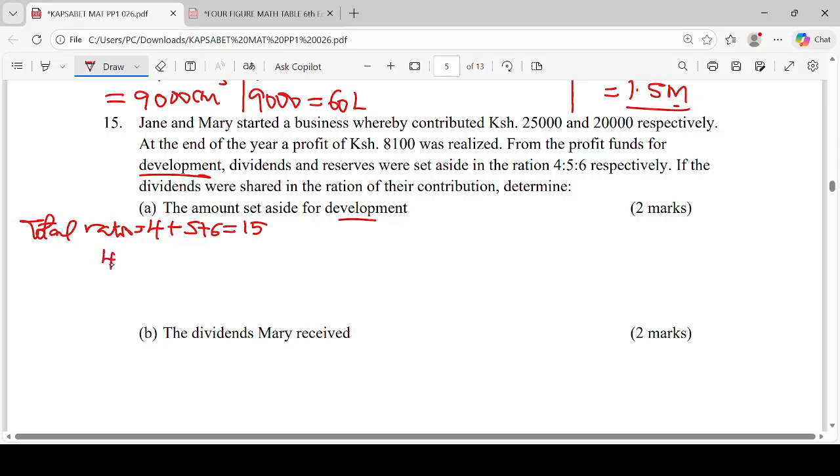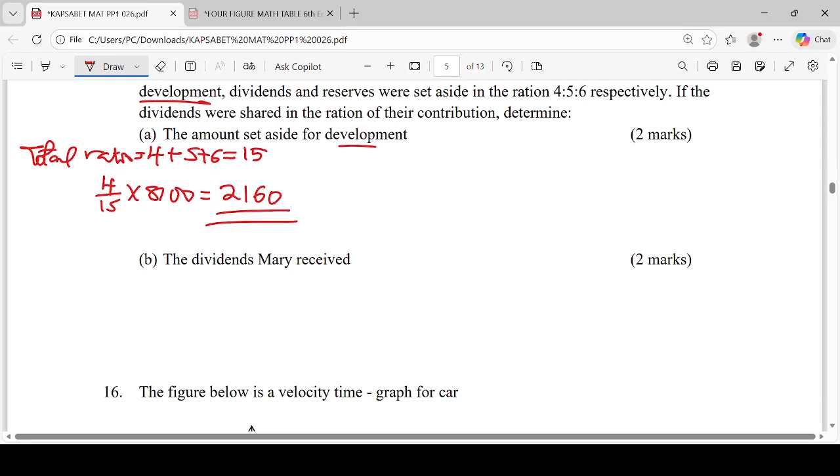So when you take 4/15 times the total profit, which is 8100, you are going to get 2160. Now that's the amount that was set aside for development, 2160.